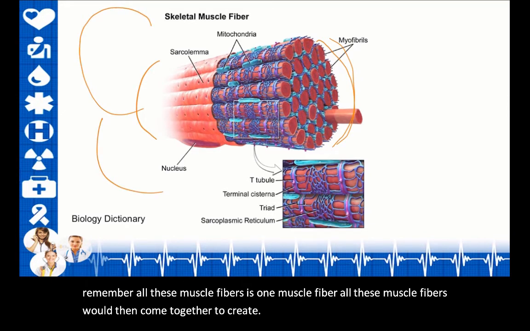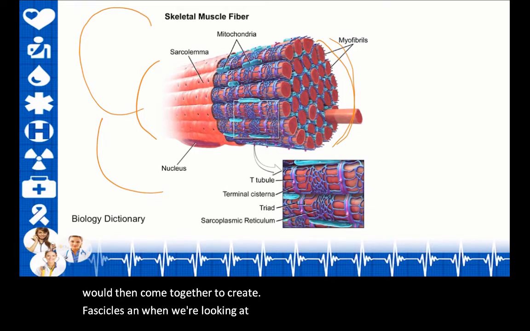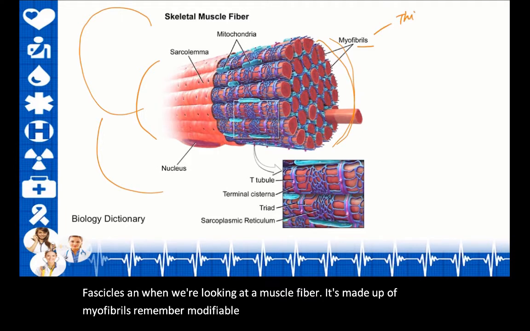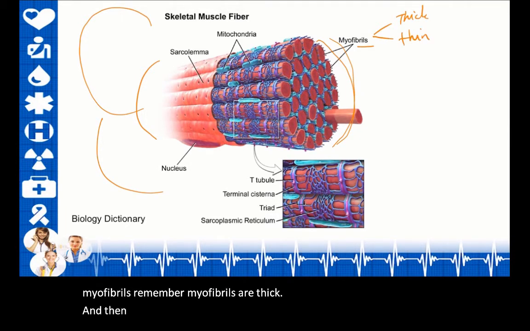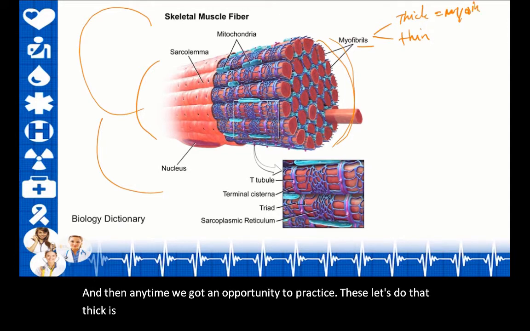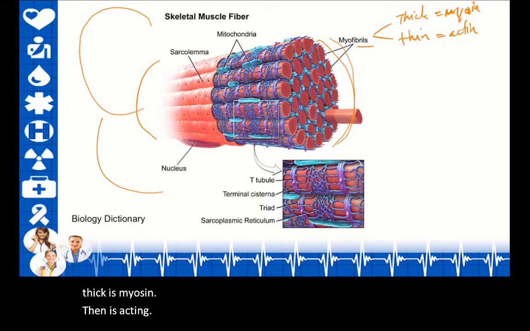And when we're looking at a muscle fiber, it's made up of myofibrils. Remember, our myofibrils are thick and thin. Anytime we get an opportunity to practice these, let's do that. Thick is myosin. Thin is actin. Great.